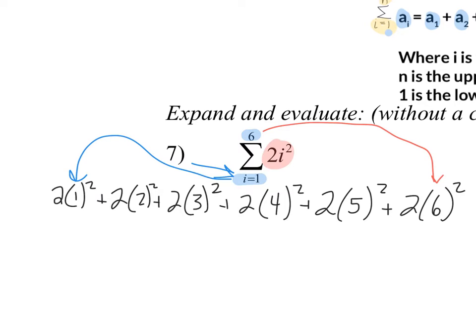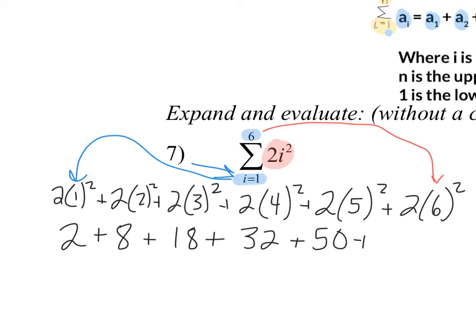Now we're going to end up with 2 times 1 here, 2 times 4 here, so that's going to be 8. 2 times 9 here will be 18. 2 times 16 is 32. 2 times 25 is 50. And 2 times 36 is 72.